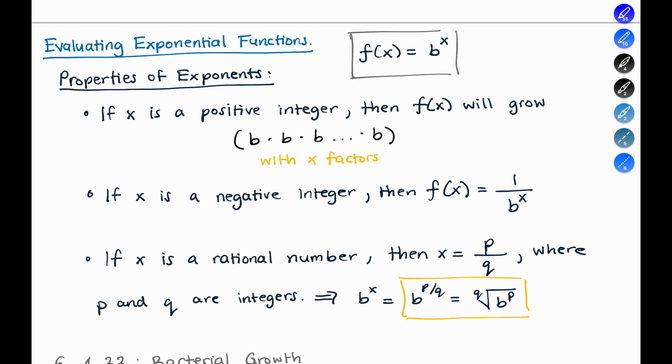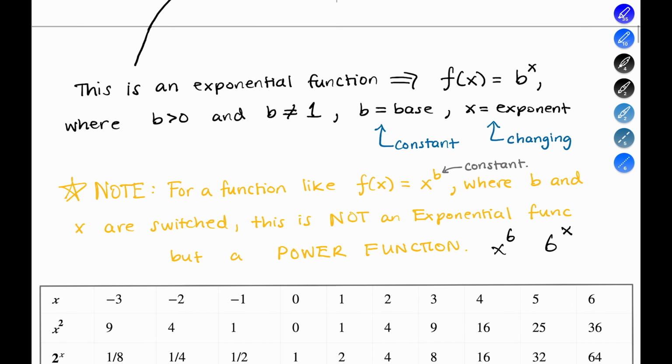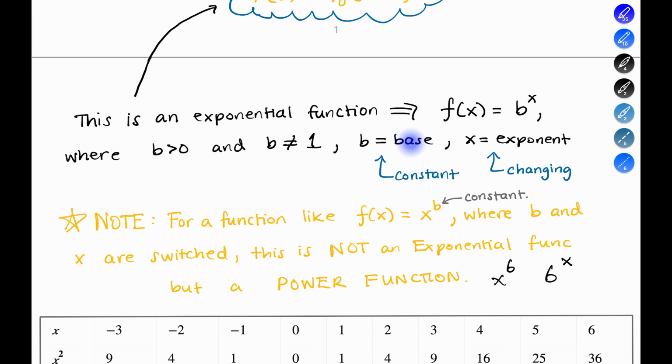Now let's take a look at evaluating exponential functions, and specifically, the properties of exponents. So on this first one, it says if x is a positive integer, then f of x will grow. And remember that in our definition, b, our base, has to be greater than 0, and it cannot be equal to 1.